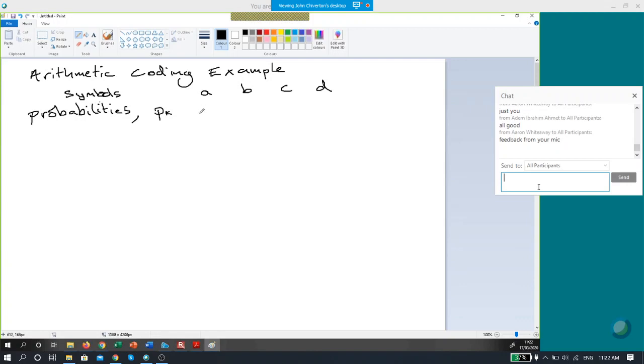Right, so let's say 0.1, 0.2, 0.25, 0.3, and then what's D going to be, do you think? Well, it needs to sum to 1, doesn't it?